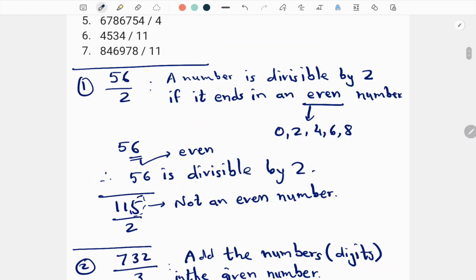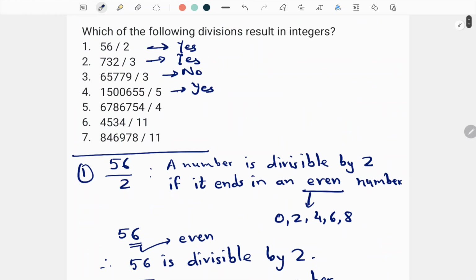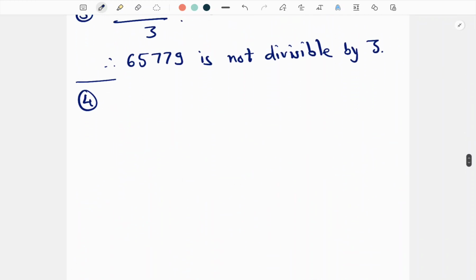Just let's formally state the rule here. Fourth one is 1500655 divided by 5. Let's write that down. So we need to check if the last digit is 0 or 5.